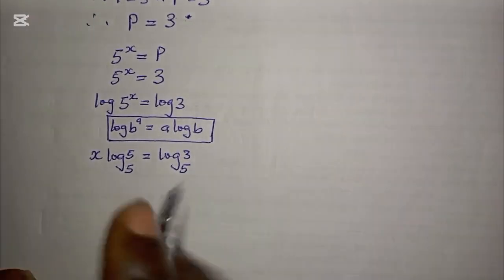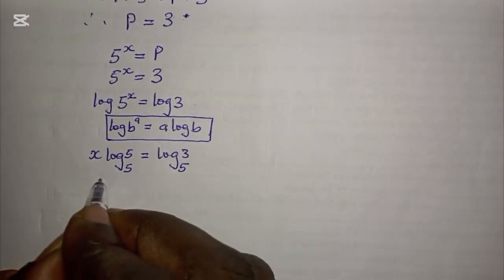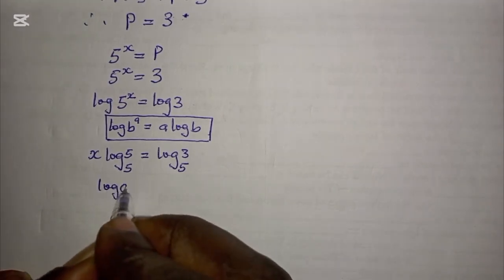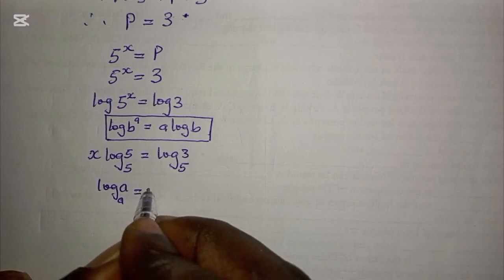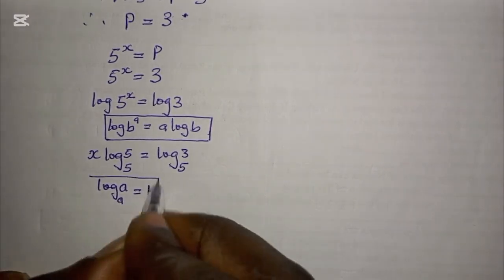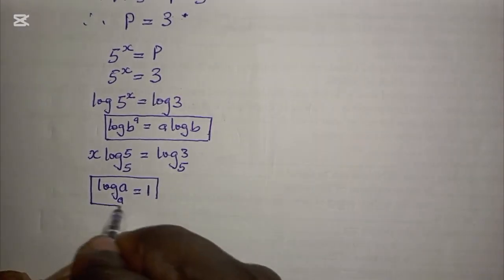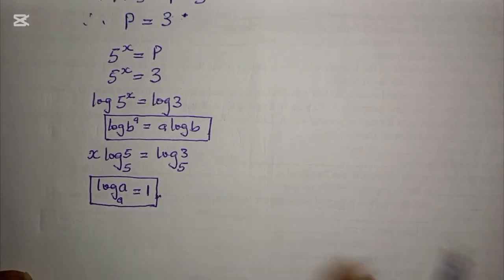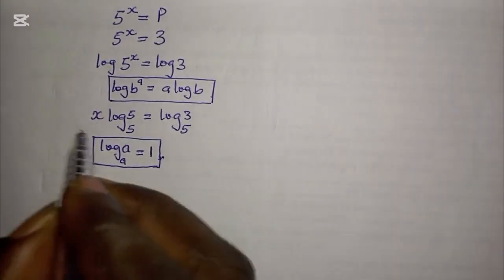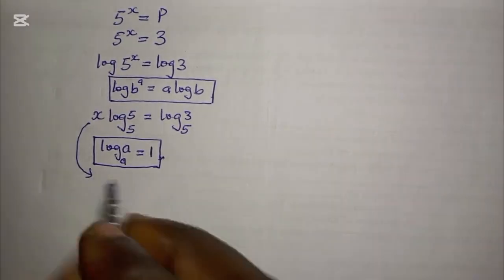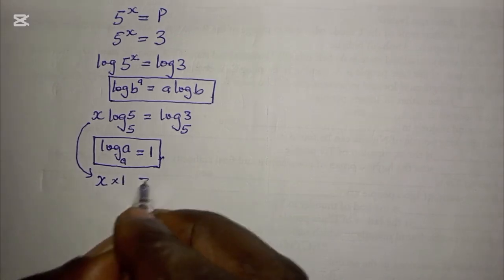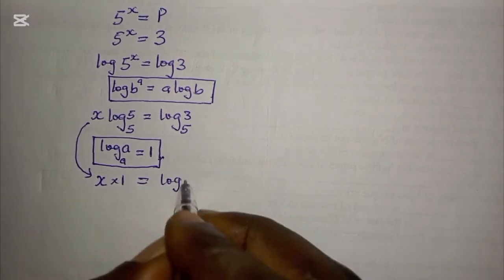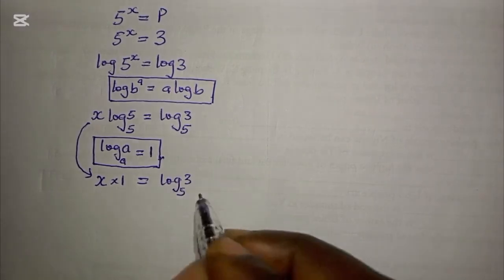Now, recall that if you have log a base a, it is always 1. If the log and the base are equal, it will give us 1. So this now means we are going to have x times 1 equals log 3 base 5.